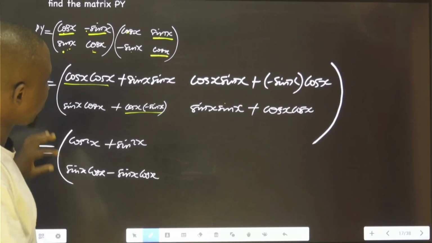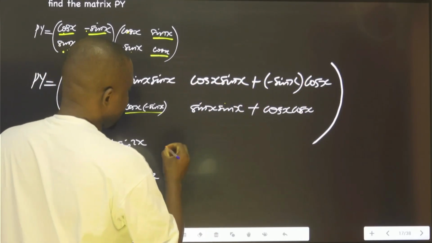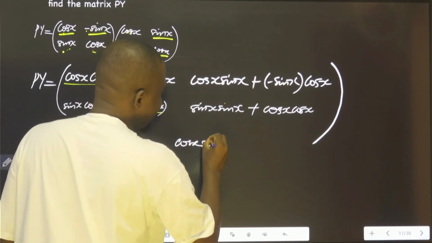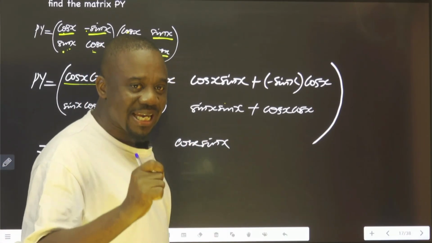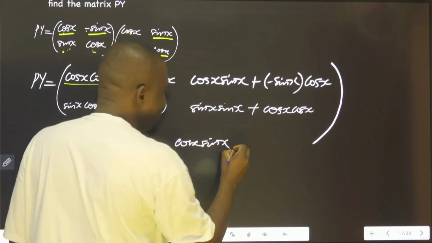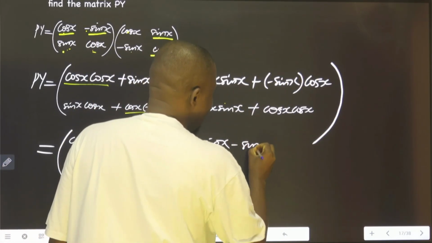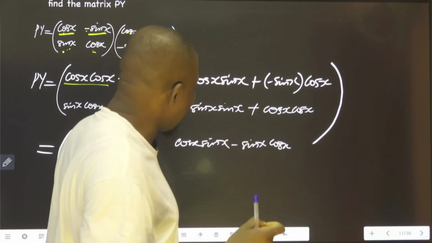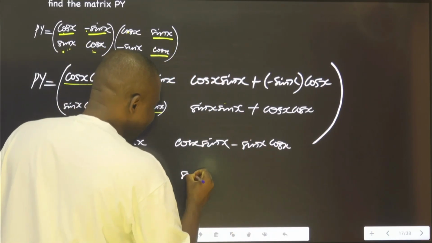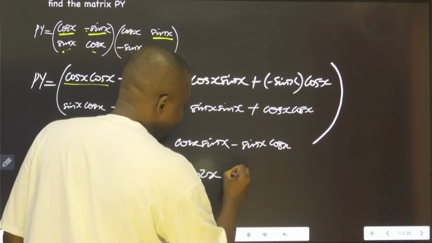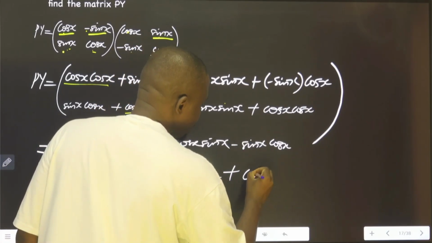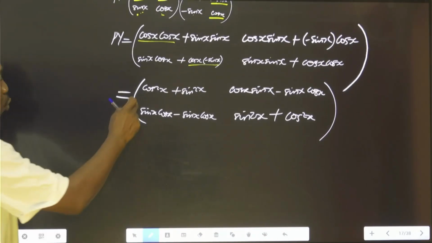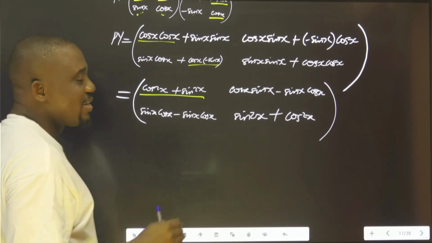Now let's go for this one. Here, it says the same thing, that is cos S sin S, which you can also write as sin S cos S. Then this is minus sin S cos S, which you can also write as cos S sin S. This is sin square S, while this is plus cos square S. What is the meaning of this?